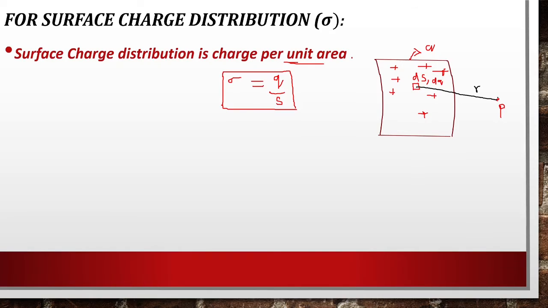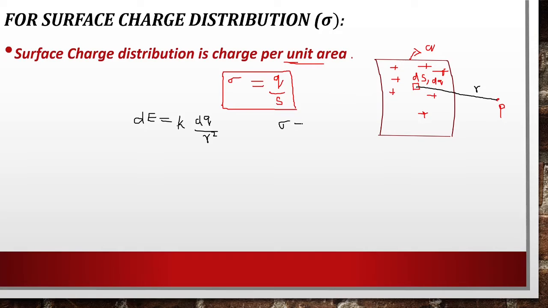Now we have got this. The electric field at point P due to the small surface area is dE. So we can write the equation. dE is equal to K dQ by r square. So here what will be the surface charge distribution?